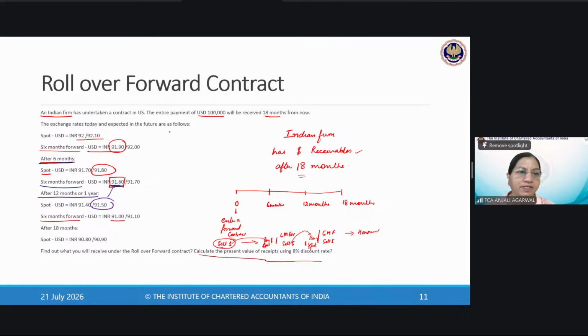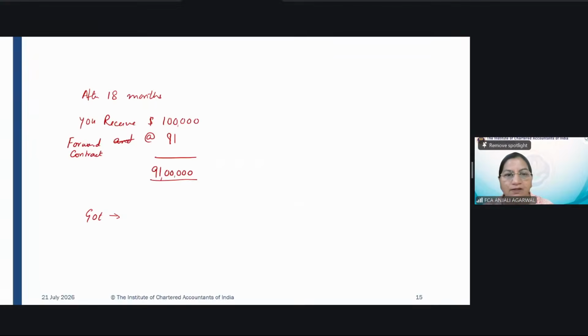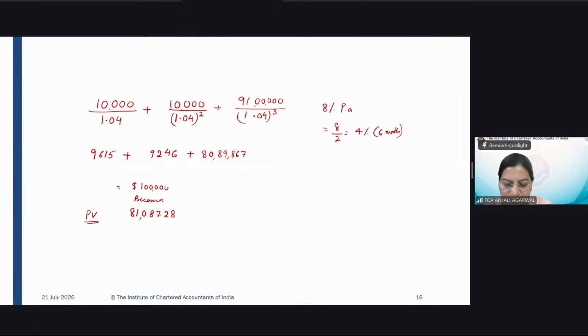Had we received it just today, we could have got 92. Or if the price had remained constant at 92, we would have got the present value of 92 lakh. If you compare 92 lakhs, the present value would be 81 lakh.